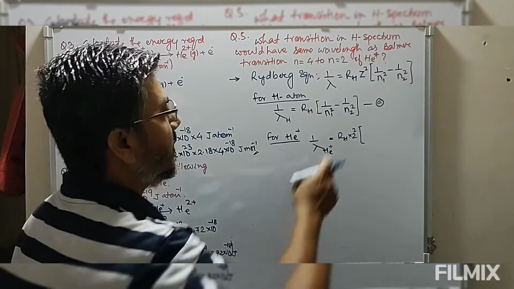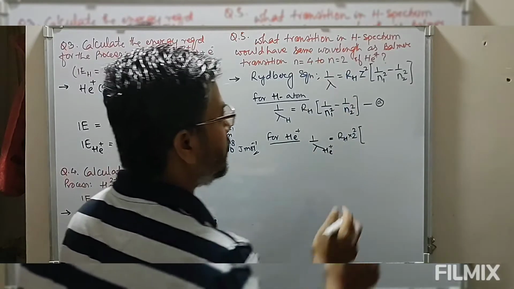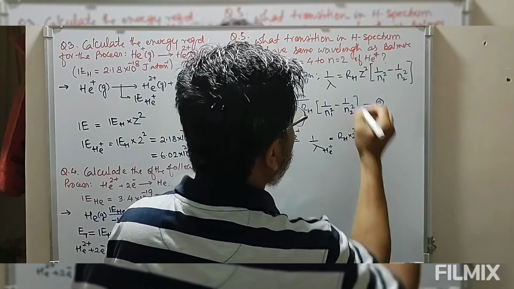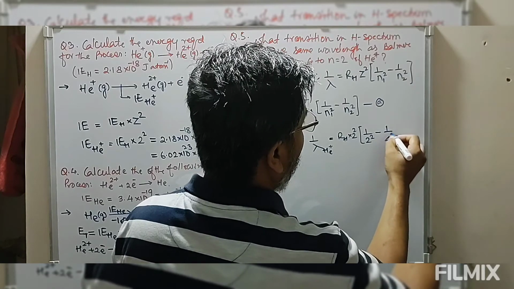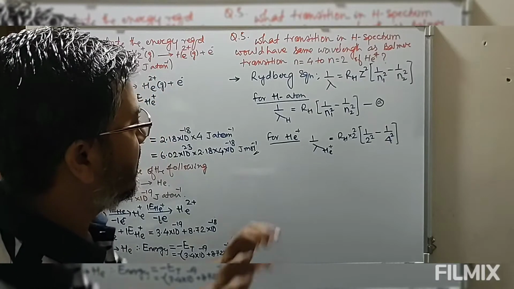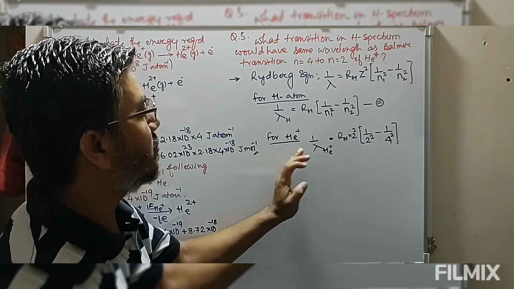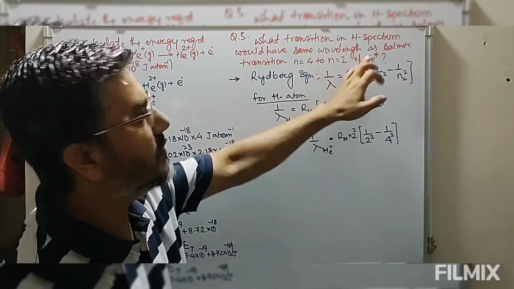Here n2 is given as 4, n1 is given as 2. So n1 is 2, 2 square is 4, minus 1 by 4 square. This is the wavelength for the transition of the electron from the 4th to the second level of helium plus.